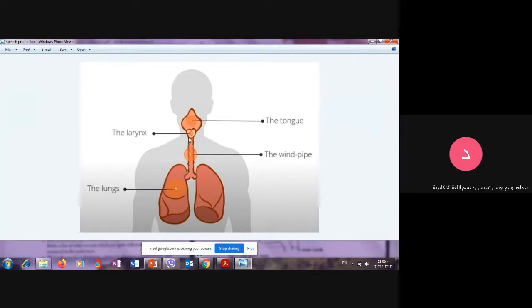All these changes or modifications result in different English speech sounds. So all the 44 English phonemes are made due to the changes which happen to the air as it passes through the windpipe, the larynx, and the oral cavity or the nasal cavity and out of the mouth.